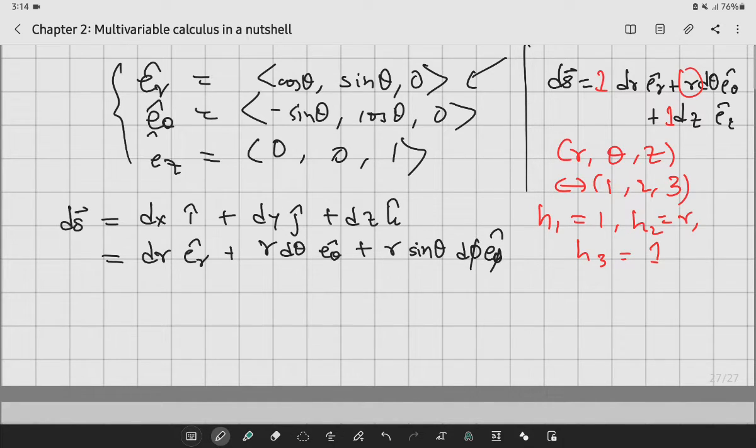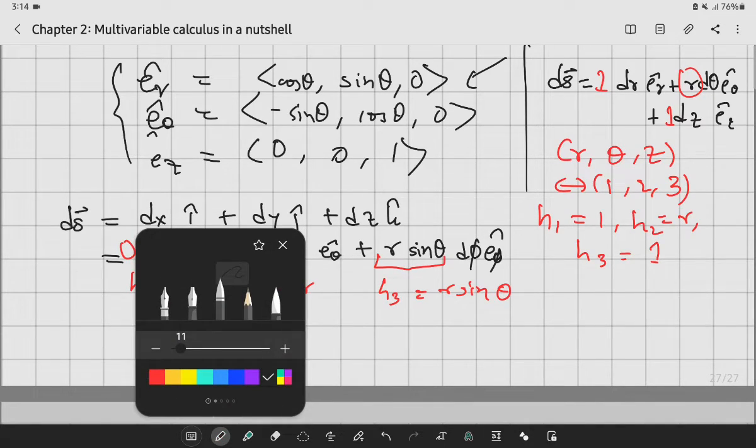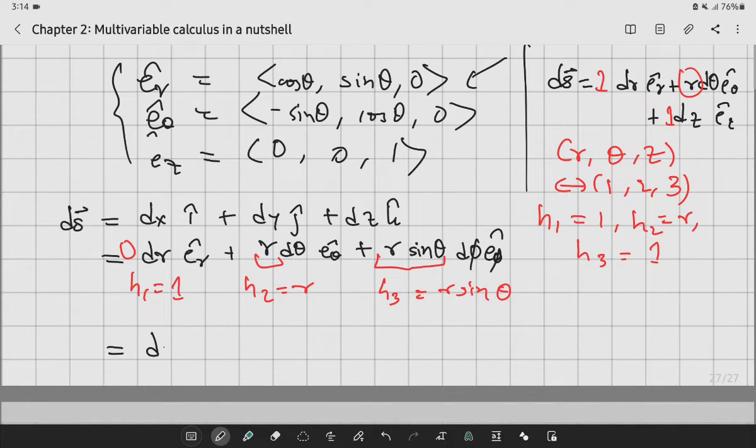So in spherical coordinates, you'll have h1 equals 1, h2 equals r, and h3 equals r sine theta. These are the scale factors. I'm calling the scale factors h. And as we just saw right now, in cylindrical coordinates, we have dr er hat plus r d theta e theta hat plus dz ez hat. Again, the scale factors, as I mentioned, are these.